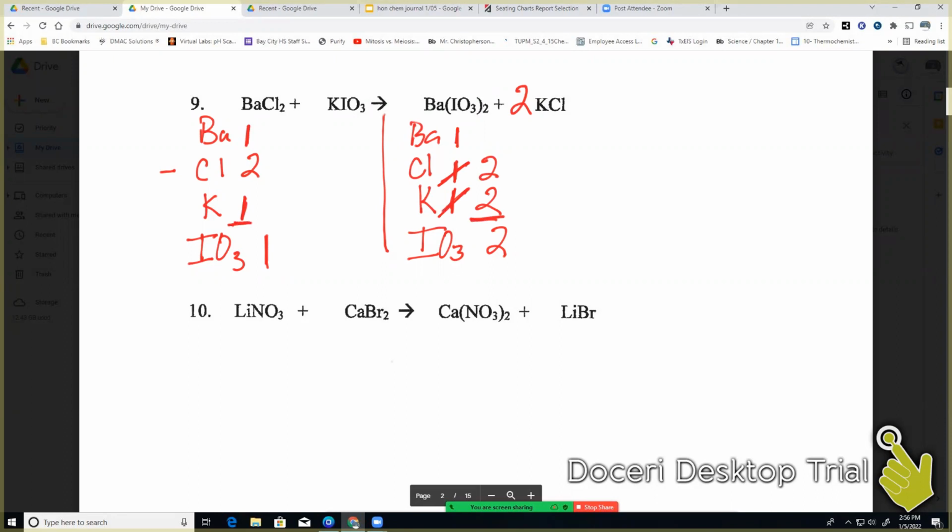So what do I need to put in front of my compound that has potassium? 2. So that changed my potassium to 2. And now how many iodate groups do I have? 2. And that is what I wanted. And that's usually how it is. If you have a bunch of elements, you'll get some of them balanced and everything else just kind of seems to get fixed at the end.